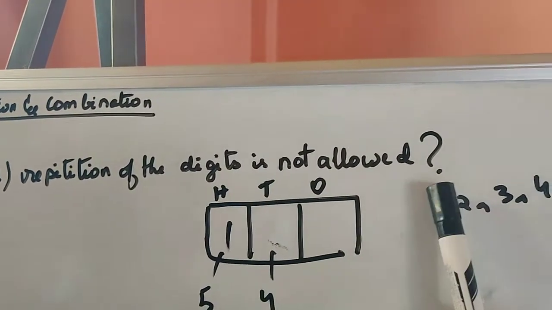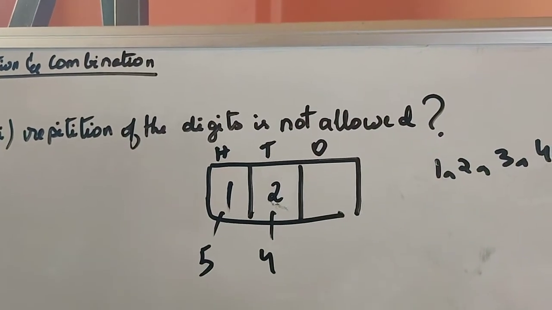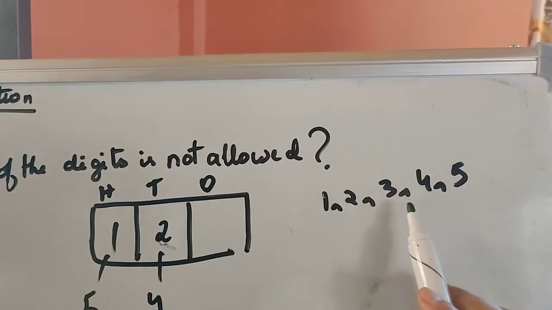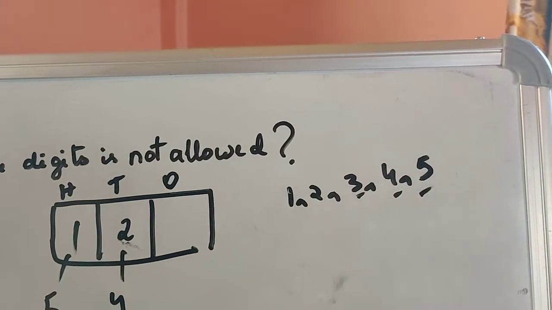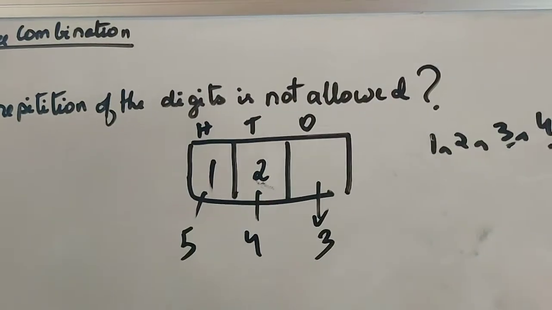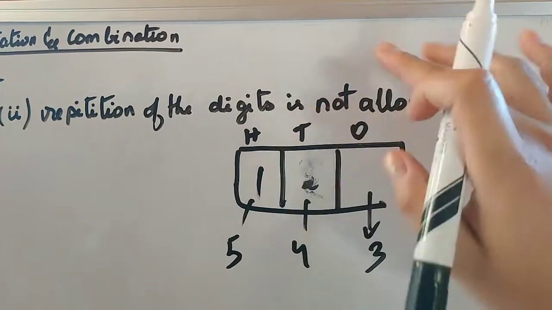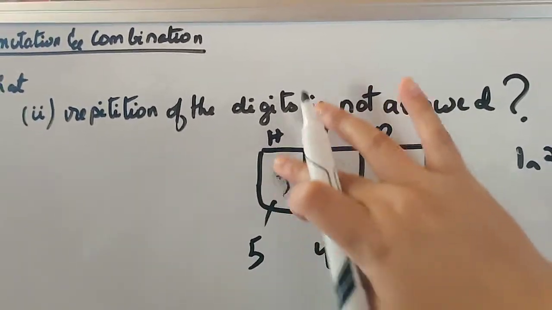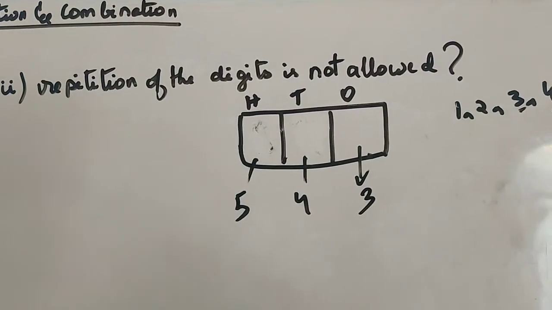Suppose in the 100 place you have taken 1 and in the 10 place you have taken 2. Since repetition of the digit is not allowed, you will be left with only 3 numbers in this place. This is just for example. So I hope till here you understood.